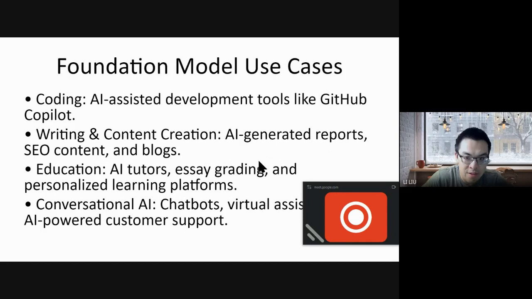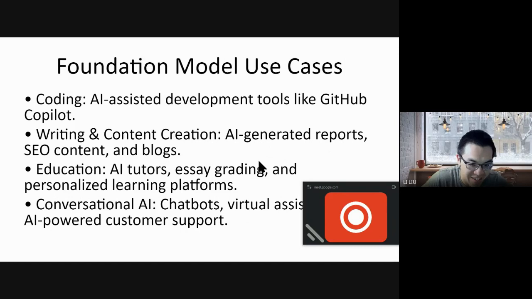And I really like that this chapter covers some cool use cases that organizations are adopting AI and foundation models for. So one example is coding, and I guess we all have some experience with using AI to help us code, such as Copilot or Cursor.